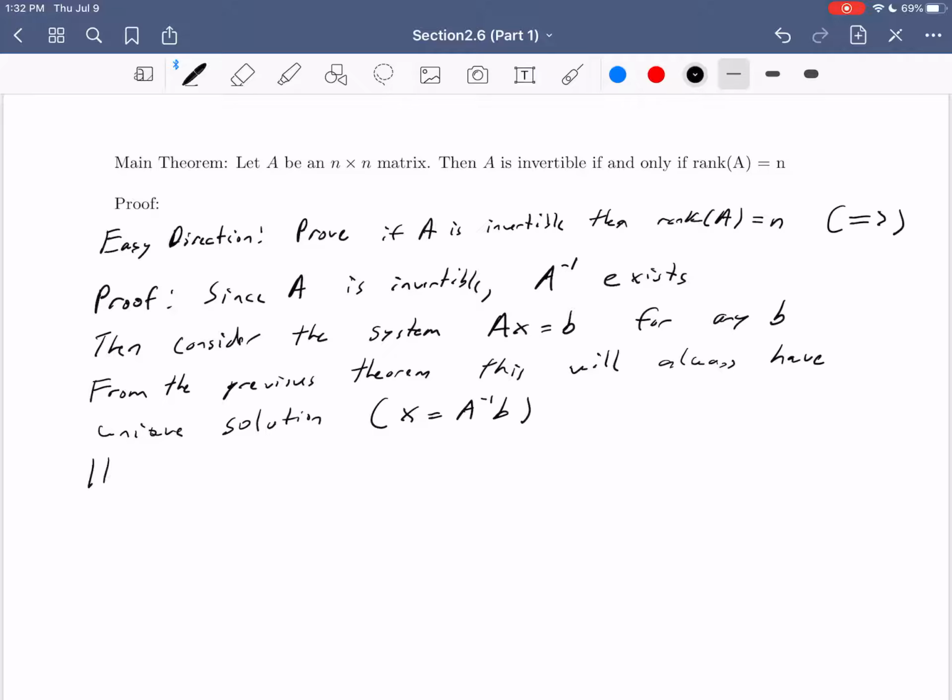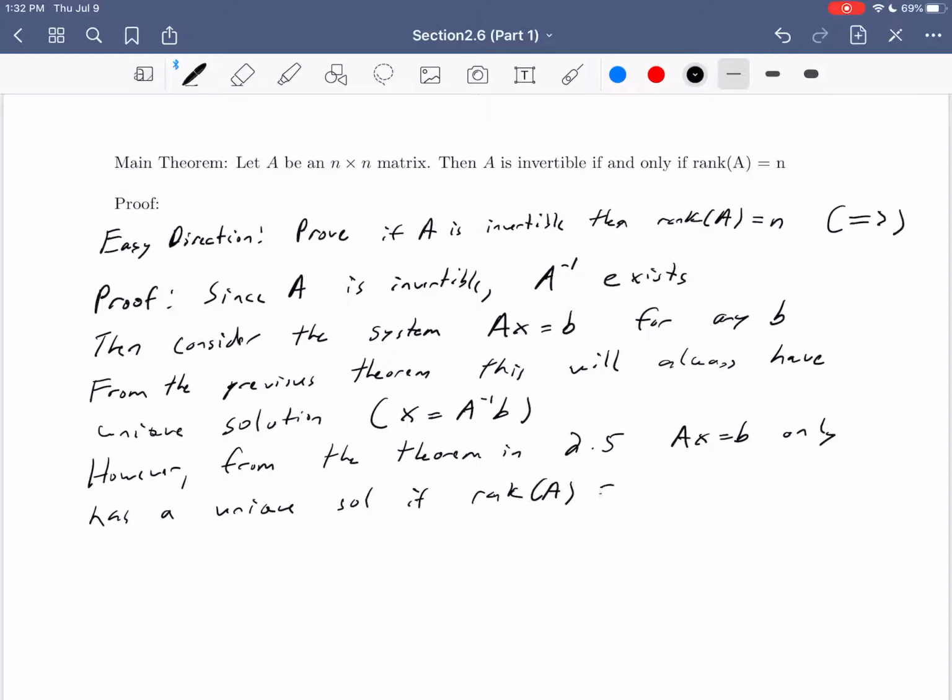However, from the theorem in 2.5, AX equals B only has a unique solution if rank of A equals the number of variables. Right? We said that you're consistent if rank of A equals rank of A augmented. You're inconsistent if rank of A does not equal rank of A augmented.